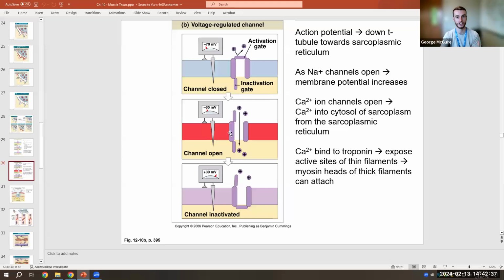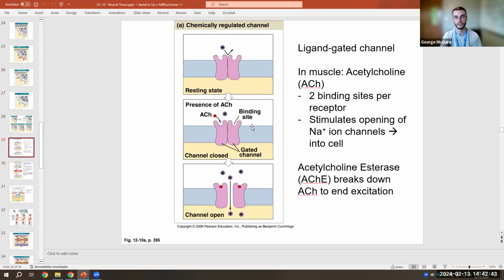So essentially, if a channel like this, or this, this is showing our calcium voltage gated channel. This is showing the sodium channel. So when a signal like acetylcholine, a neurotransmitter here, binds with this sodium channel, that's going to cause the protein to change shape, which in this case is going to open space for a bunch of sodium to flow into the cell.